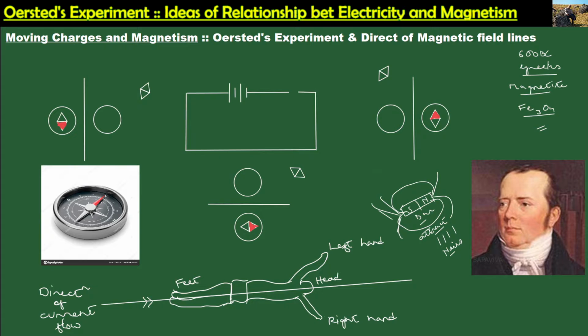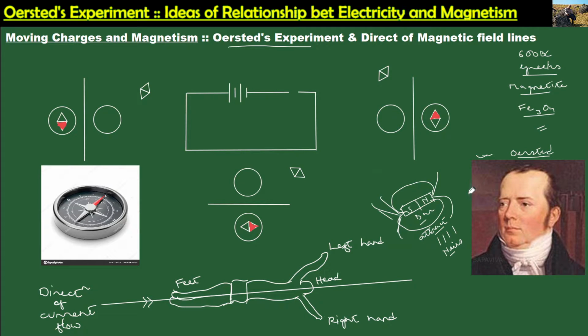So in this context, we will learn about Oersted's experiment. What did Oersted observe? This is the picture of a scientist by the name of Hans Christian Oersted.